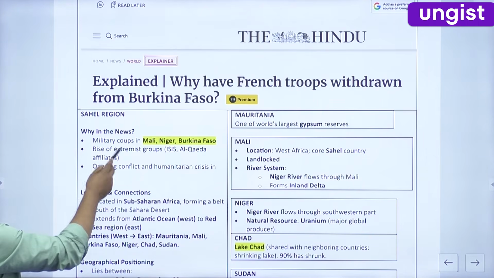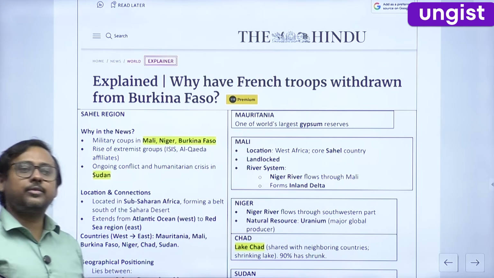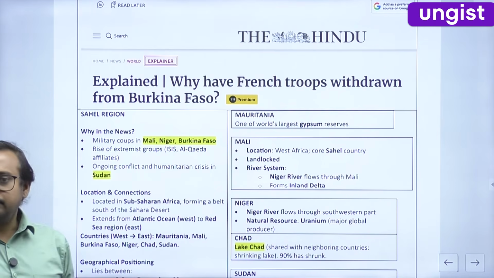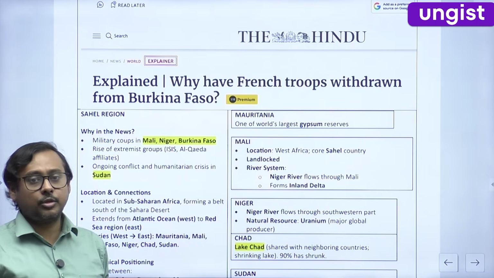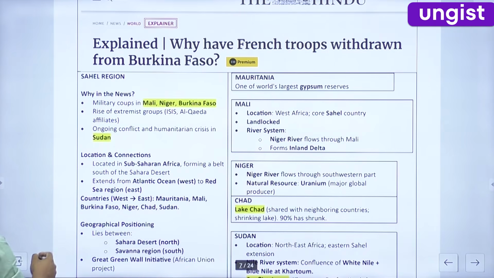One of the latest was Burkina Faso, from where they have moved out. So this is another place where there were French troops, but they are now vacating.